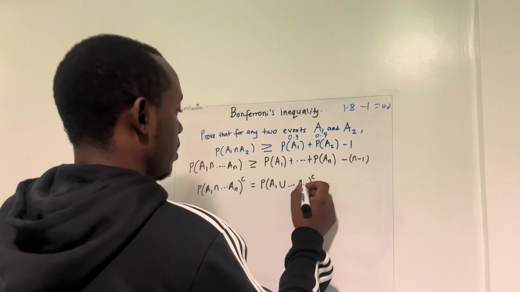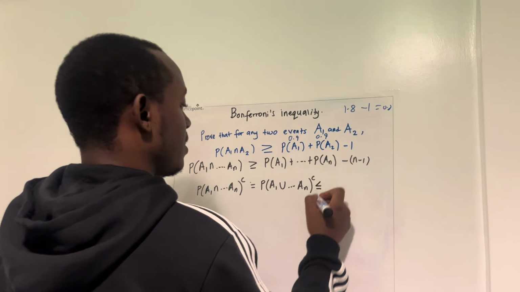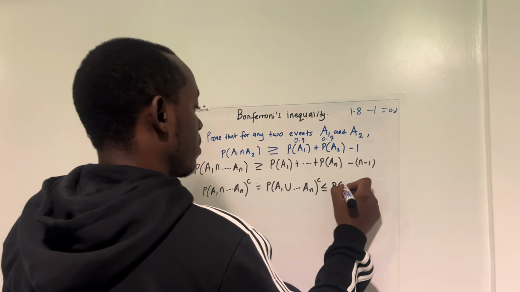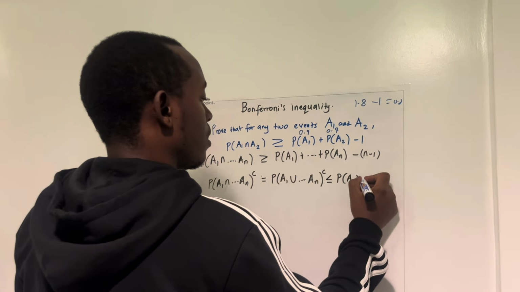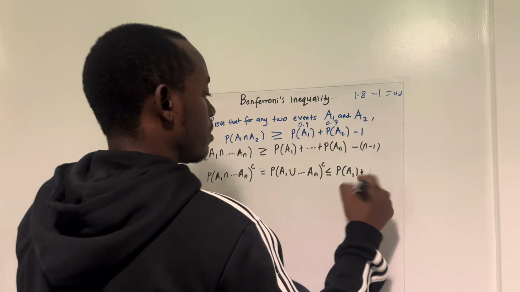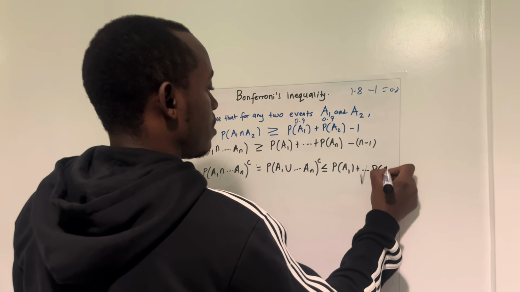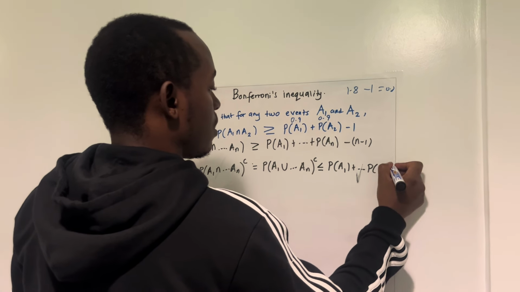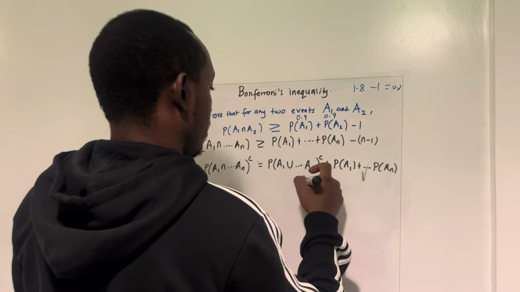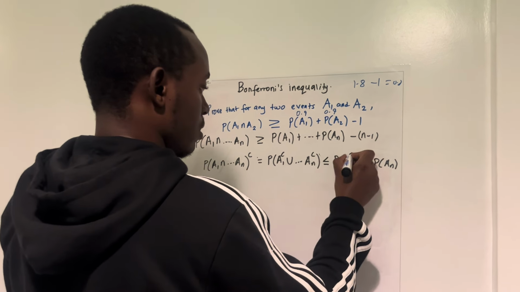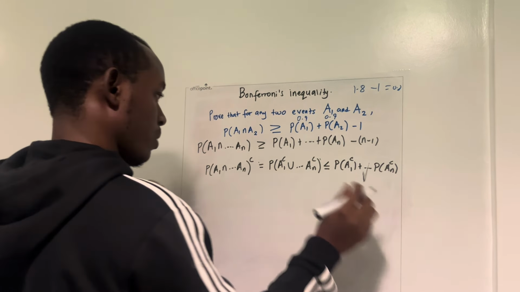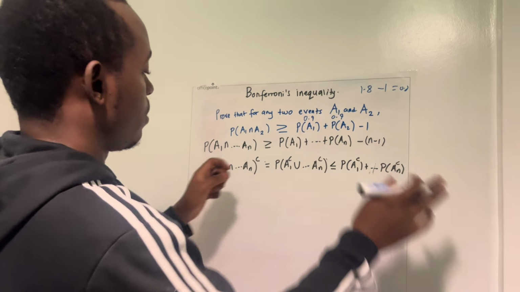With the same logic, this is less or equal to the probability of A1 complement plus so many more, up to the probability of An complement. Sorry, there's a complement on each of those events.